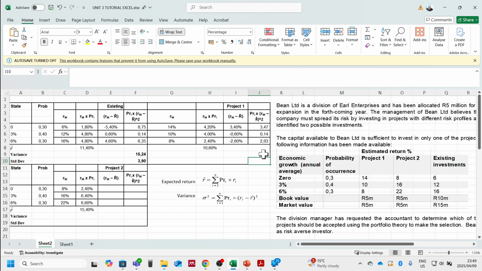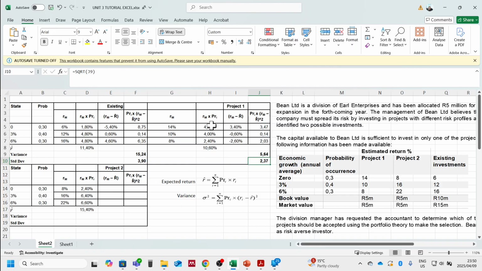So 5.64% is the variance for the whole of project one, and therefore the standard deviation is the square root of our total variance, which is 2.37%. So this is our exact standard deviation for project one.